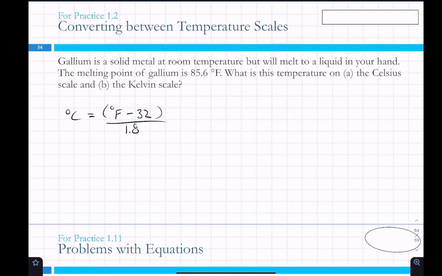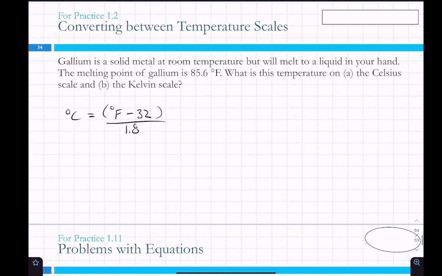If it helps, the reason that you subtract 32 is because 32 degrees Fahrenheit is 0 Celsius. So the freezing point of water is kind of where those are each set. So Fahrenheit minus 32 moves the starting point so the zeros line up. And then dividing by 1.8 changes the size of the Fahrenheit interval.